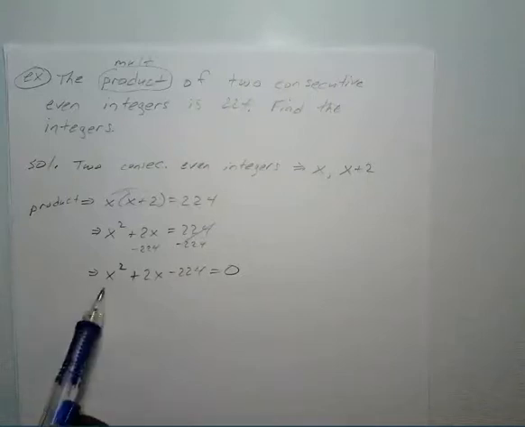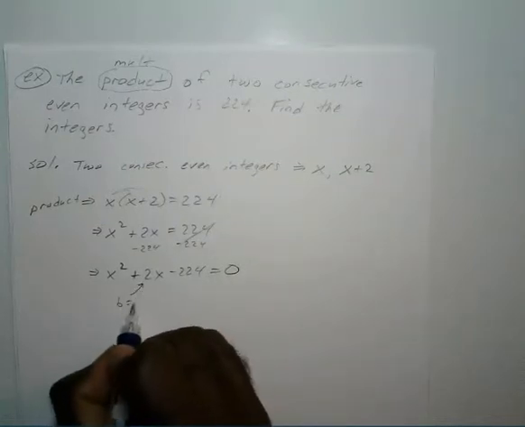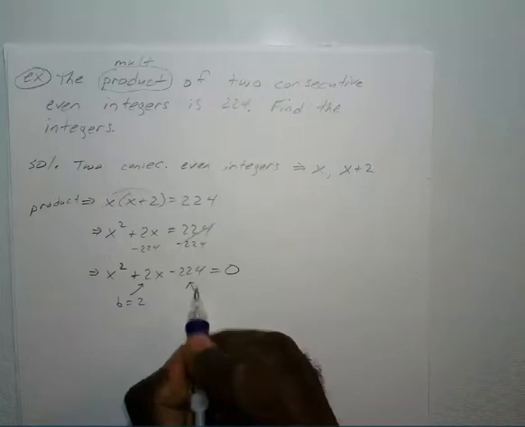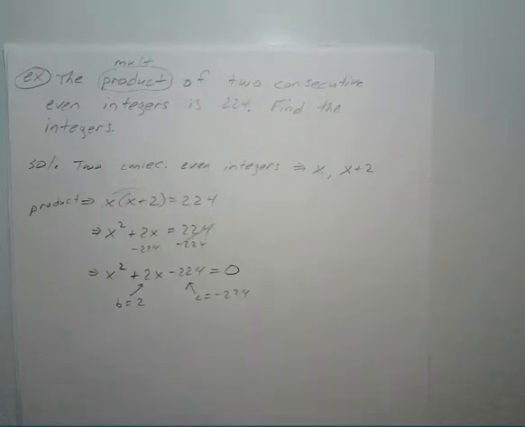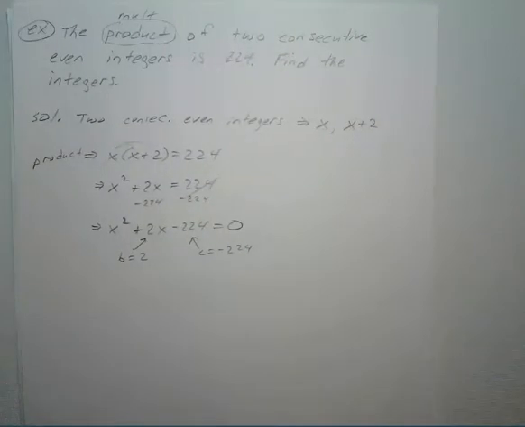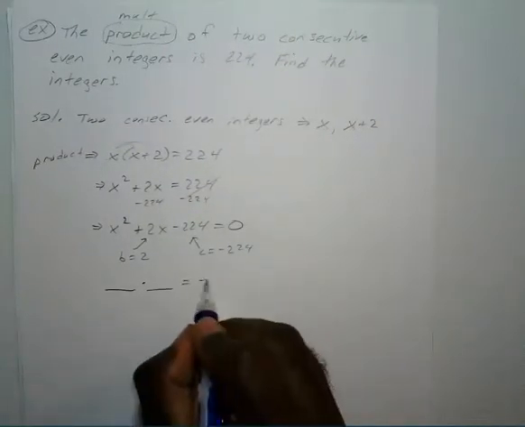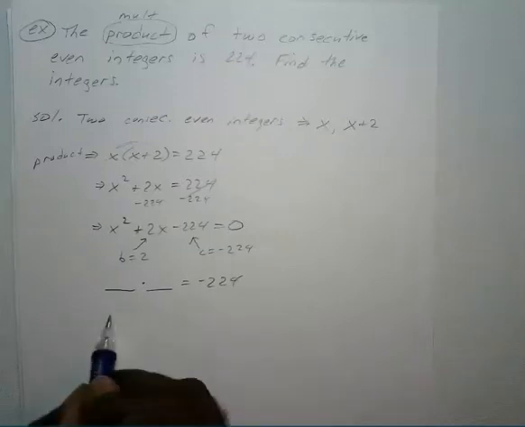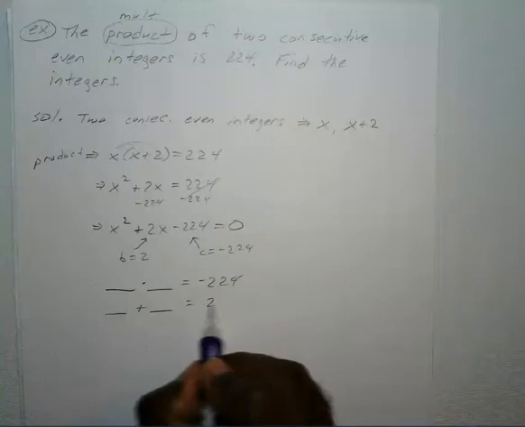There's nothing in front of the x squared, so we can use the direct approach, where b is equal to 2 and c is equal to negative 224. We have to find 2 numbers that multiply to equal our c value, negative 224, and add to equal our b value, which is 2.